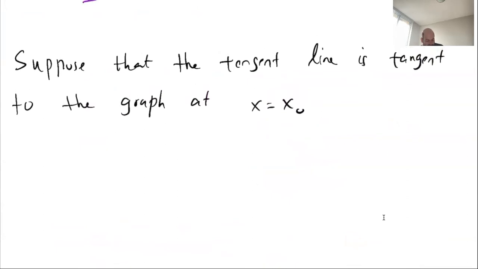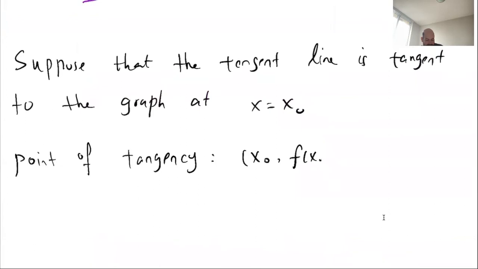Then the point of tangency will be x0 and f of x0. And f of x is 1 over x, so this point will be x0 and 1 over x0.